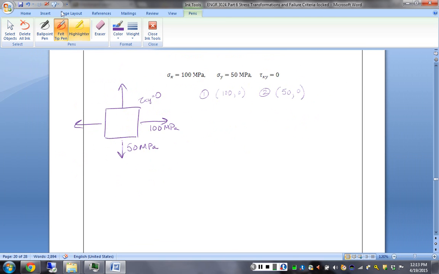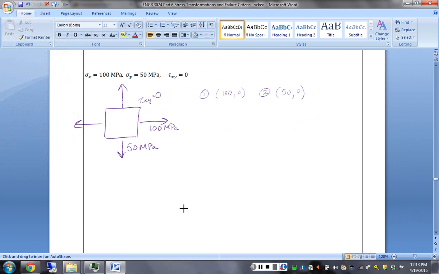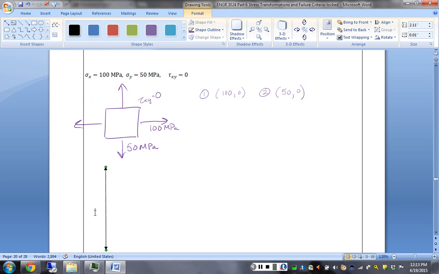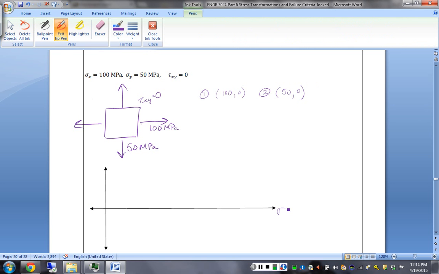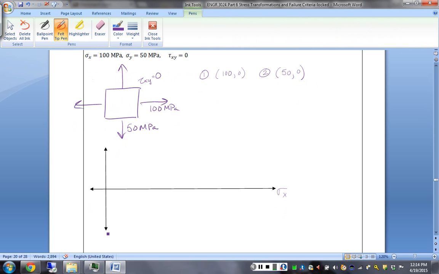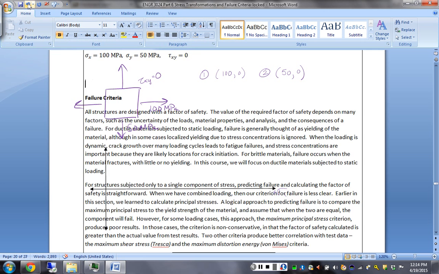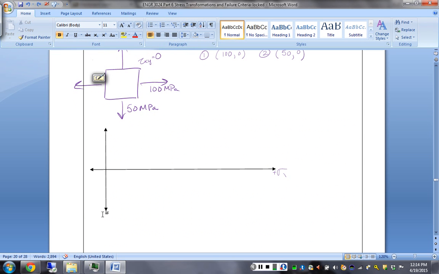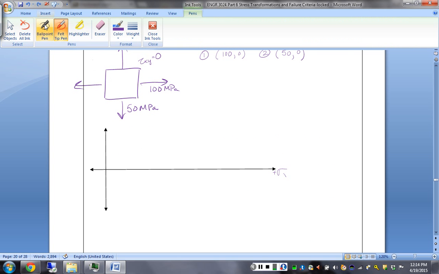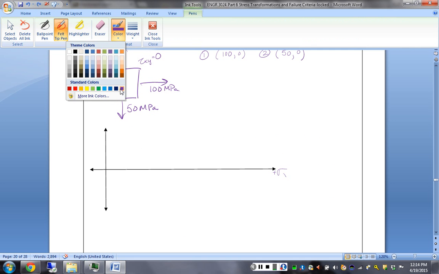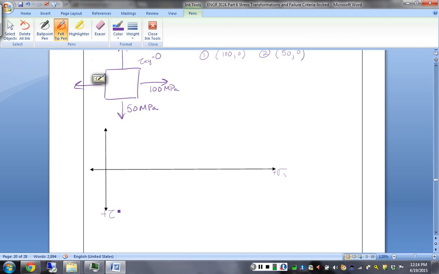So again, we need axes, and we see that both our sigma x and our sigma y are positive, so we're going to skew our axes to have the origin to the left, and we have our x-axis, and we have our shear axis, shear axis positive down.